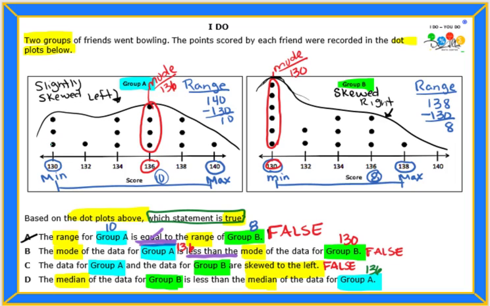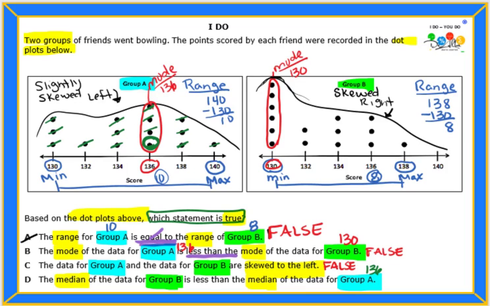So I'll take one from the bottom and one from the top, two from the bottom and two from the top. And that leaves us with this dot right here, which is in the middle.